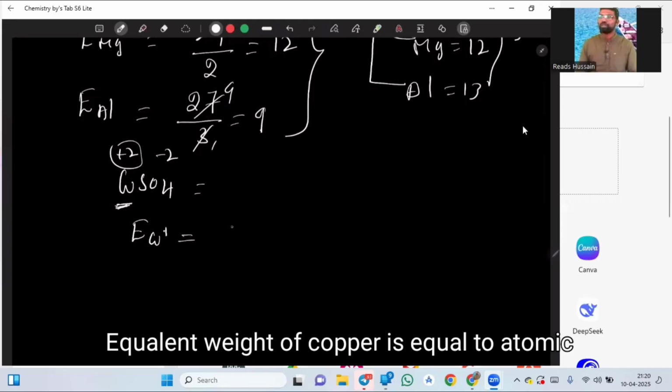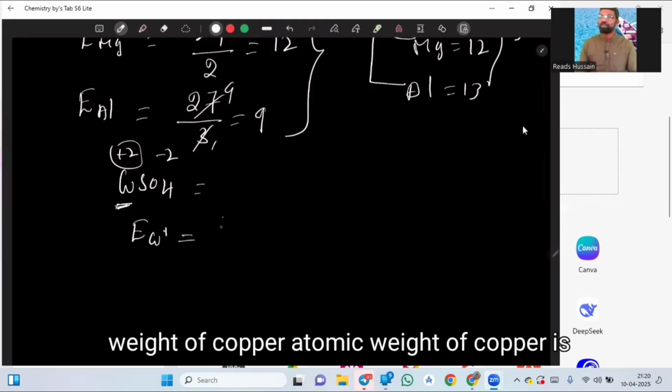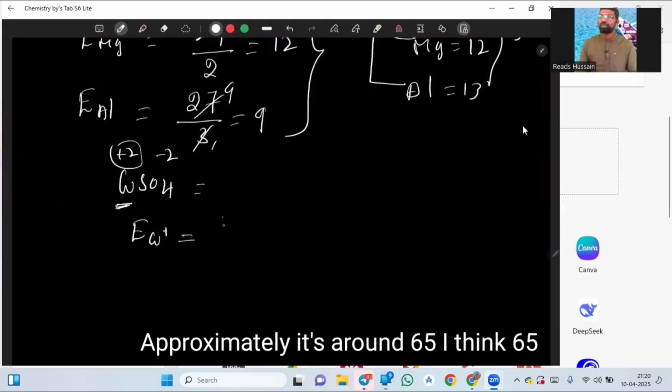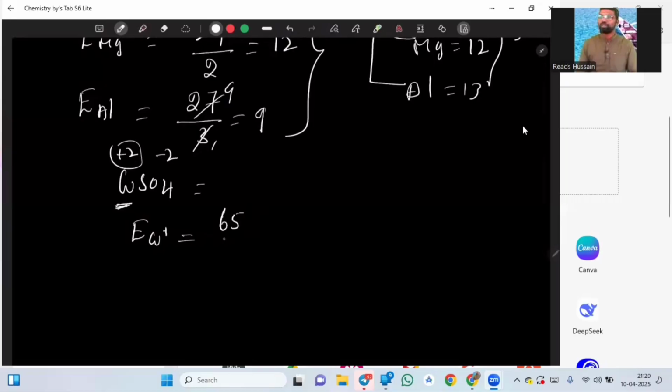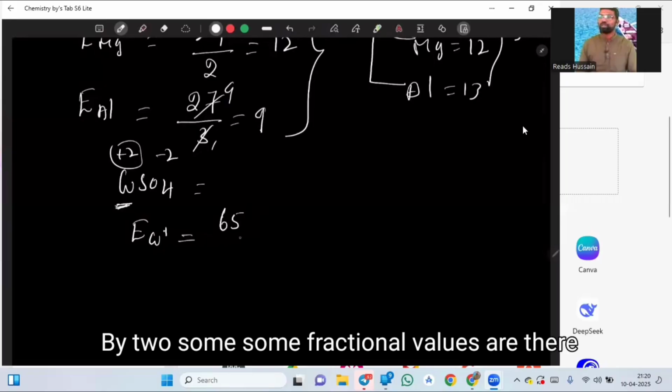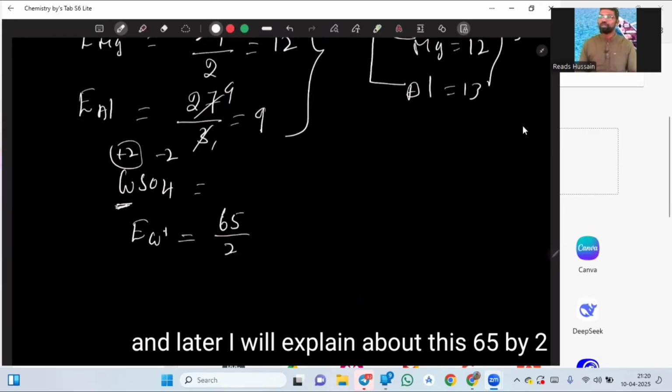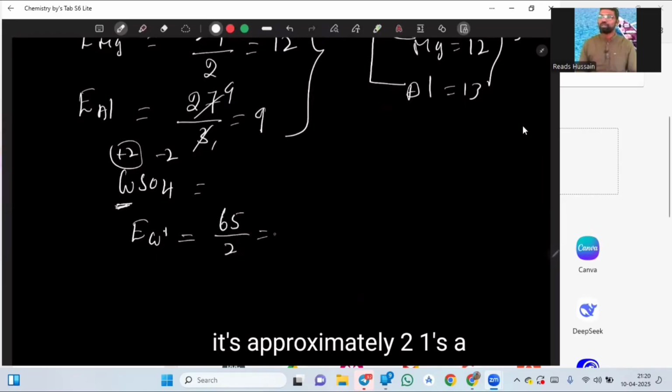Equivalent weight of copper is equal to the atomic weight of copper divided by 2. The atomic weight of copper is approximately 65, so 65 by 2. Some fractional values are there, and later I will explain about this.